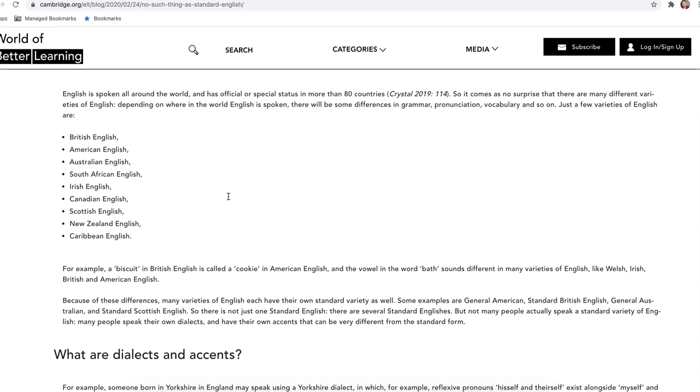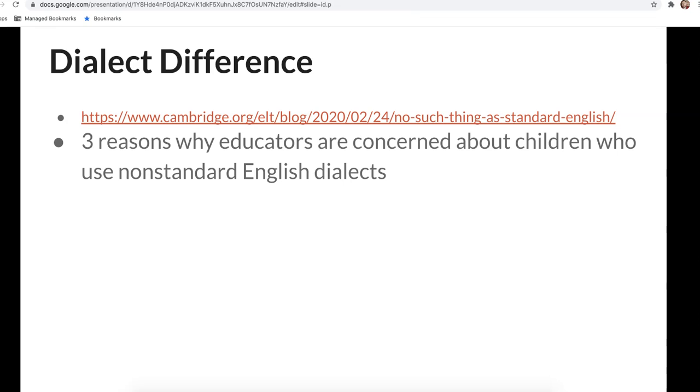So it's all dialects, it's all variations. And so there really is no such thing as a standard, other than, right, it's the people who are in power who get to say, hey, the way we talk is the right way. Everyone else talks the wrong way, right? So we all just have different variations of English that we're all speaking, right?